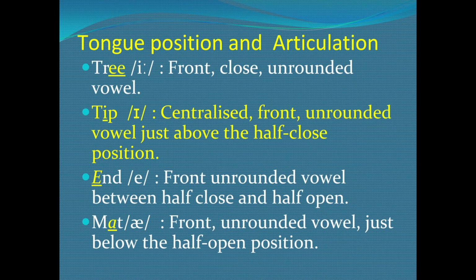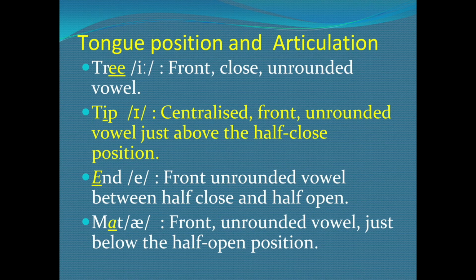Now when we talk about I like in tip, it is a centralized front unrounded vowel just above the half close position. That means not the front tongue, but the rear part of the front tongue is raising and coming close to the hard palate. And where is it coming?